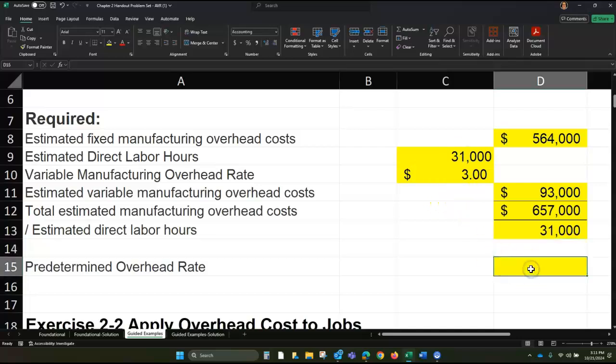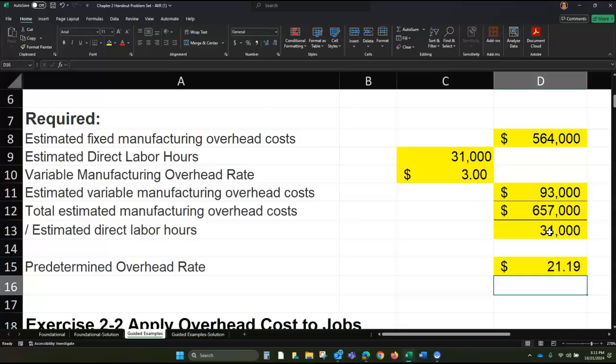Which then means that our predetermined overhead rate is just simply the total overhead divided by number of hours, and we get a predetermined overhead rate of $21.19 per labor hour, okay? So again, notice what's happening. In that last problem, we were talking about machine hours. Now we're talking about direct labor hours.